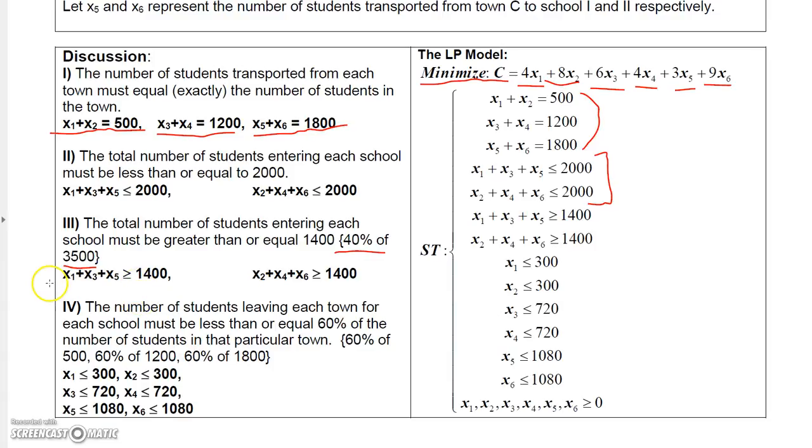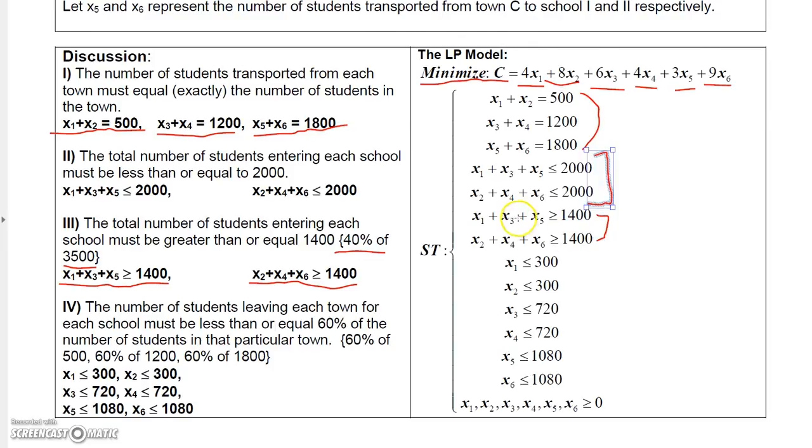So that means that the students going to school 1, which again is x1 plus x3 plus x5, has to be at least 1,400, and the students going to school 2 has to be at least 1,400. So that gives us our next two constraints.